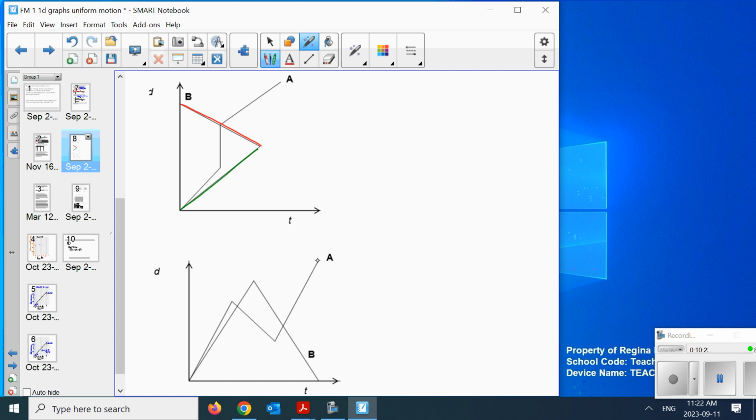Then what happens between here and here? Yep. Gotta be moving left. So now to the right. Now left, to the left, to the left. Okay. Bang, bang, and then to the right again. To the right, to the left.